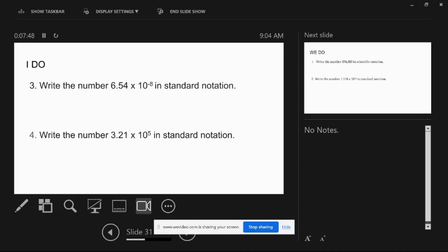Standard notation. I'm going to take a minute and write these in standard notation. You okay?